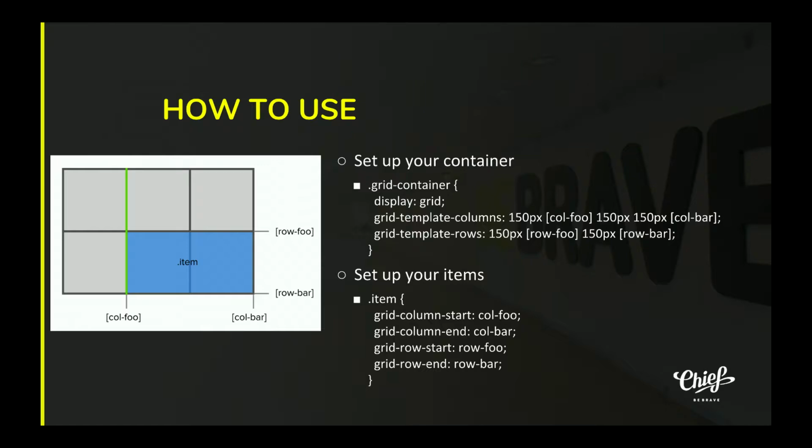And I find that a naming convention similar to full start and full end for the very outside edges, and then main start and main end for the inside edges for a 3-column grid are very helpful. And then you can set up your items after that to say where exactly within that grid they fall.